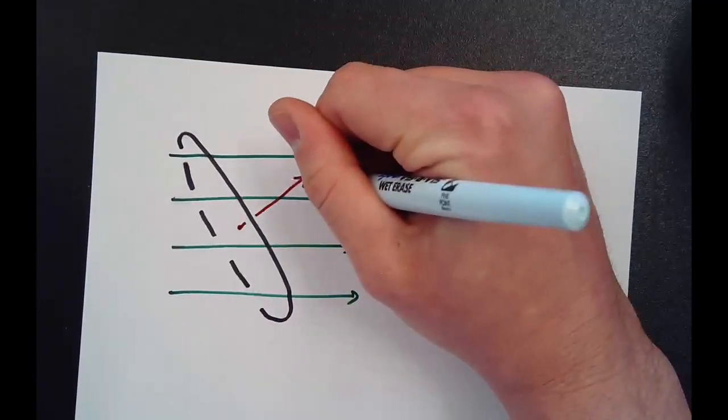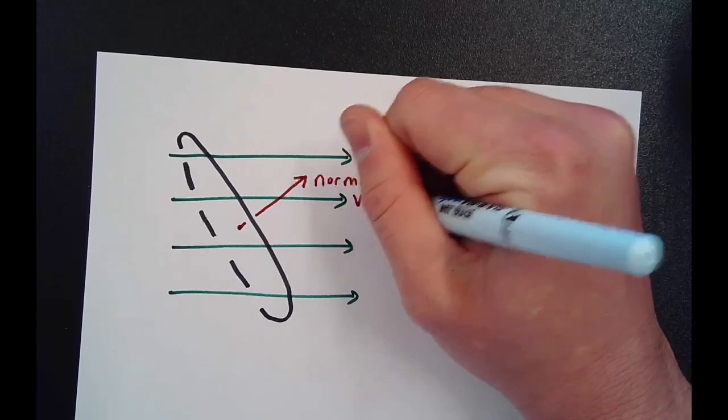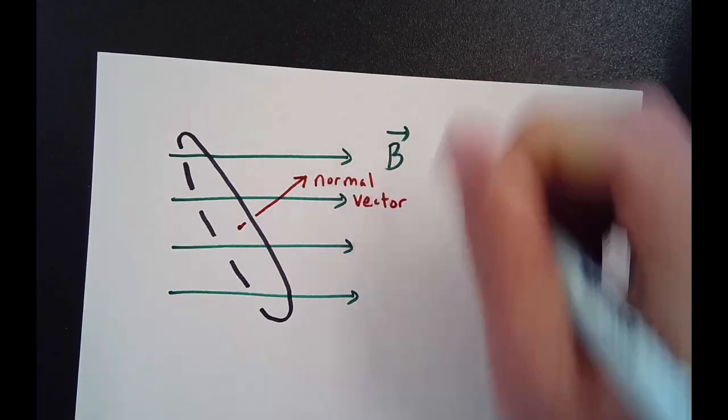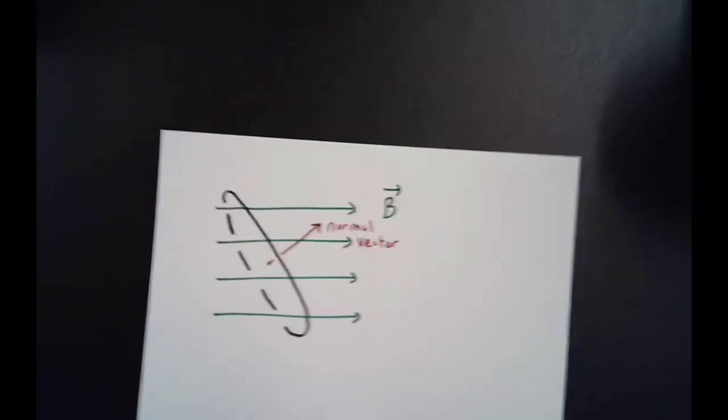What does the word normal here mean? Perpendicular. This is a hard thing to draw, but if I get the visual for the loop again, my normal vector is this red marker.